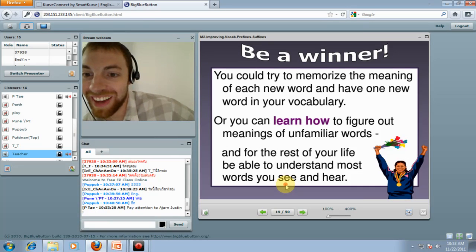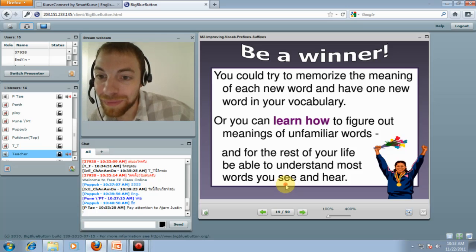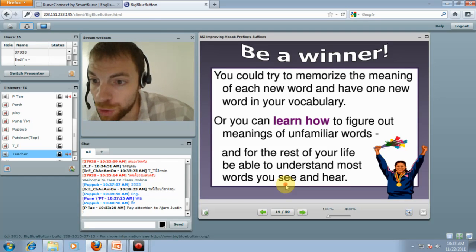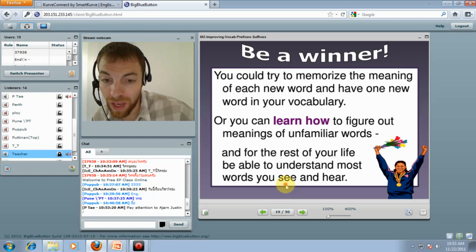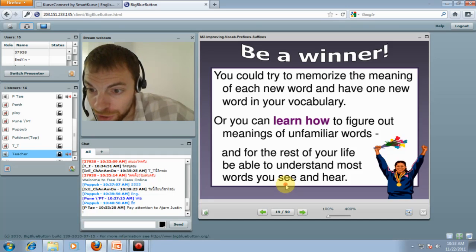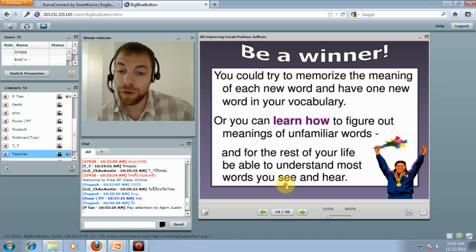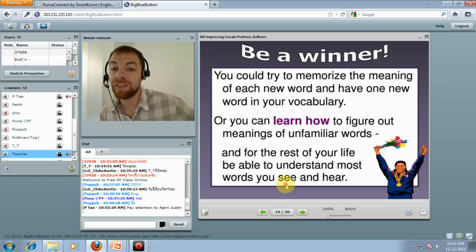So, you can try to memorize the meaning of each new word and have one new word in your vocabulary, or you can try to learn new roots and new parts of the word to learn meanings of many different words.